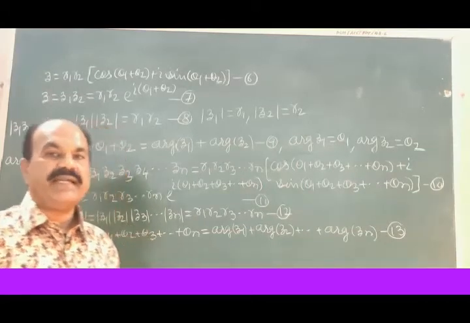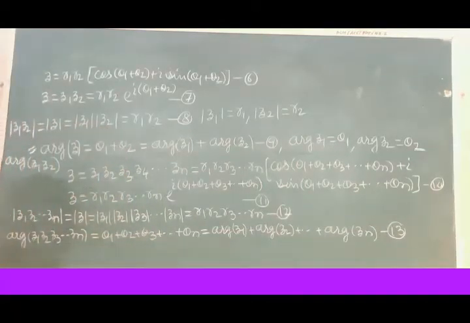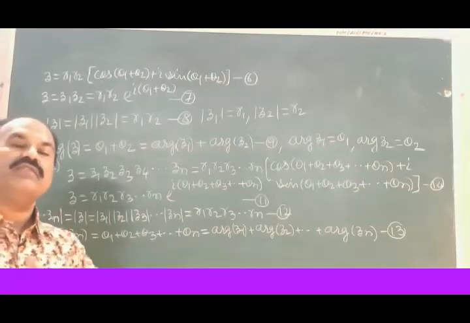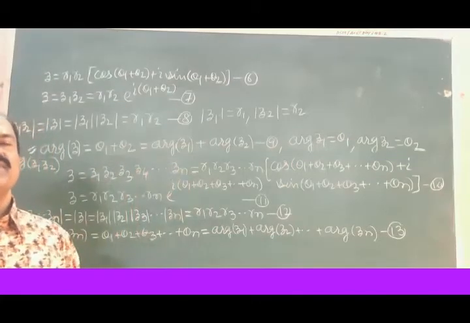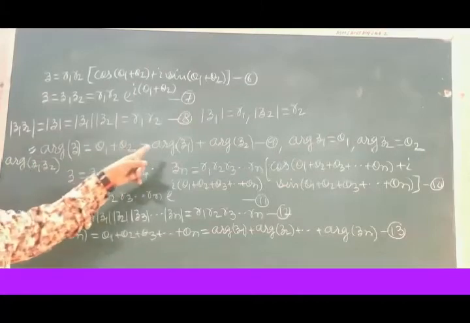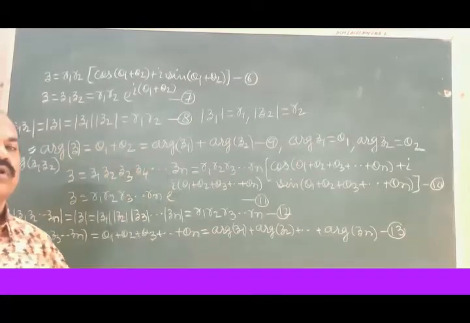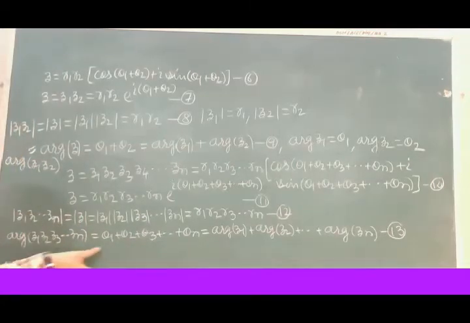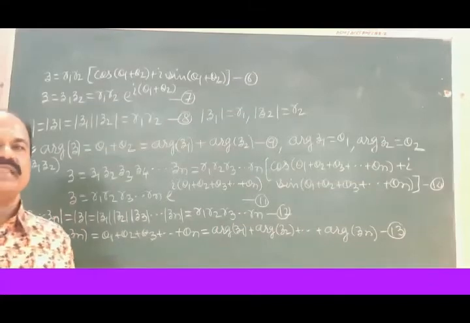It means that argument of product of n complex numbers is equal to sum of arguments of the n complex numbers. That is the conclusion we have drawn from equation 9, which was for argument of product of two complex numbers, can be generalized for argument of product of n complex numbers.